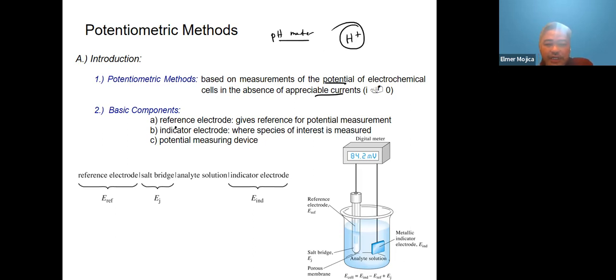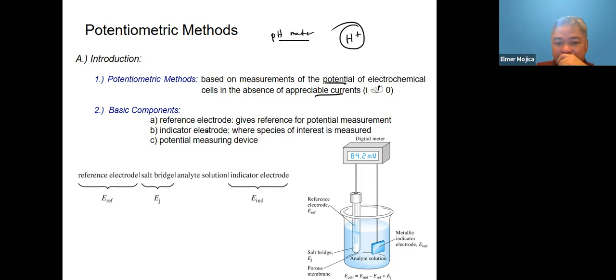Now, if we're going to look at the pH meter, titingnan natin yung parang isang probe lang siya. But if you look into the details, okay, they have these three basic components. Yung sa classic lab nga, kasi ngayon karamihan ng mga pH meter, yung parang katulad lang nito. I don't know if you can see my writing pen. All you need to do is just dip it and then it will give you the pH level or pH value.